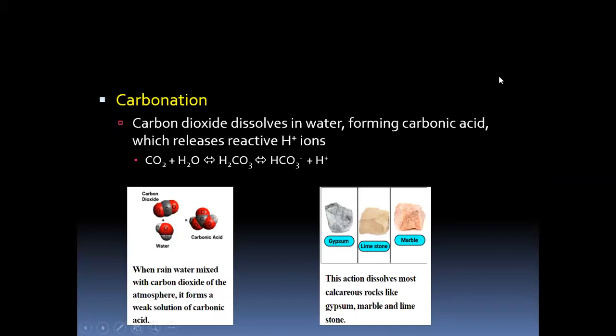Carbonation is another form of chemical reaction. Carbonation is very easy. You have water, and these water molecules interact with carbon dioxide that can be produced in the atmosphere or by biological processes, for example, through respiration. So when water reacts with carbon dioxide, it forms carbonic acid.